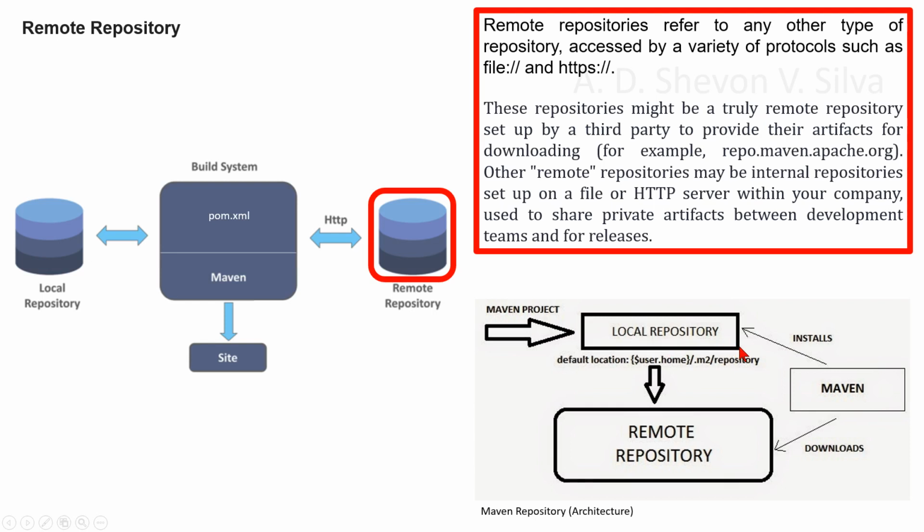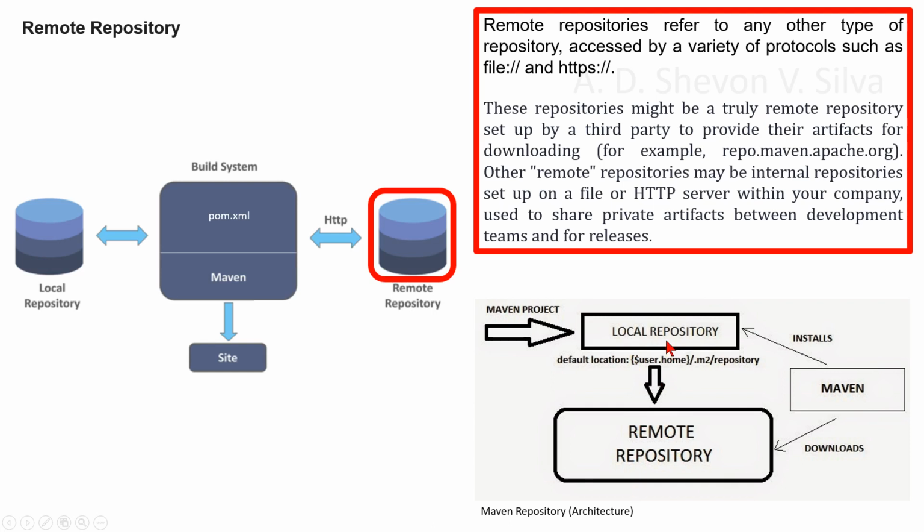Architecture looks like here, and when a Maven project is compiled, it checks the local repository for dependencies. If dependencies do not exist, Maven downloads them from the remote repository.